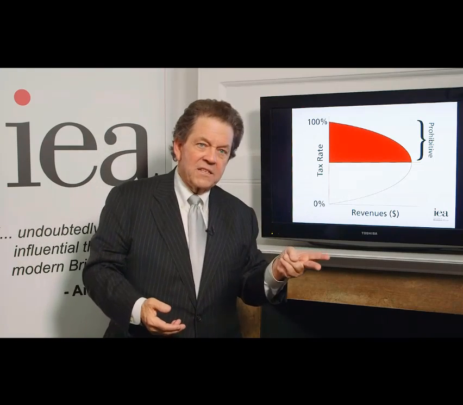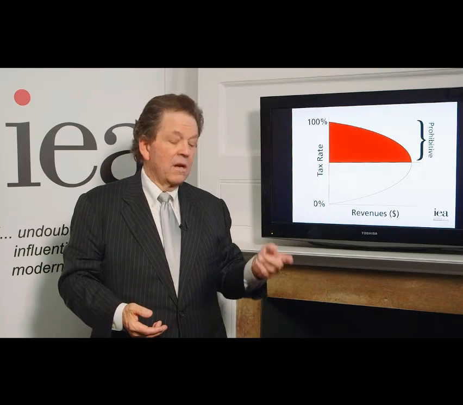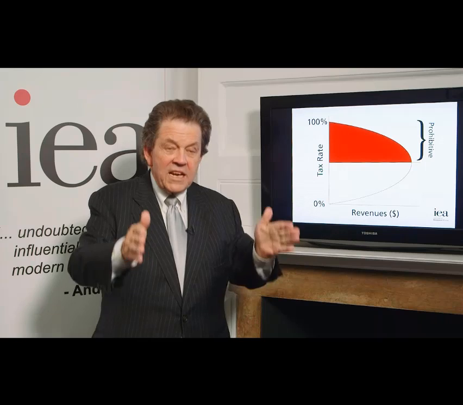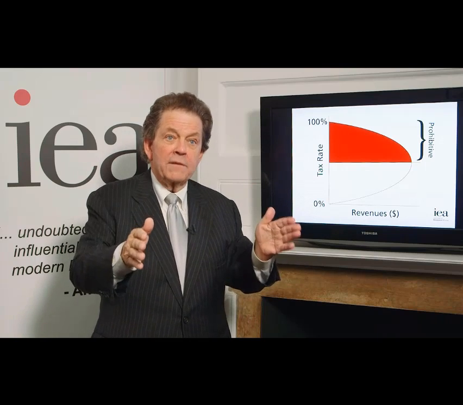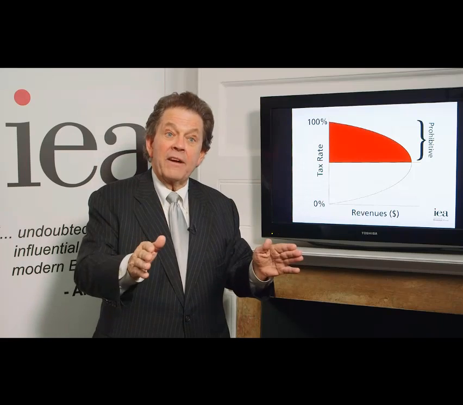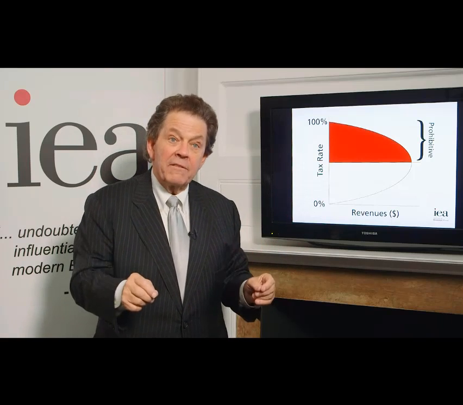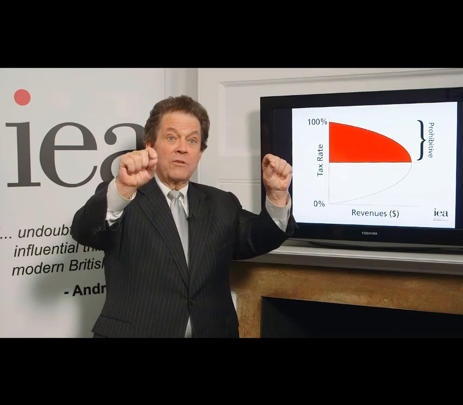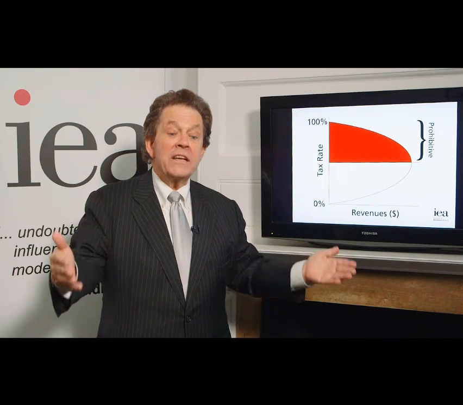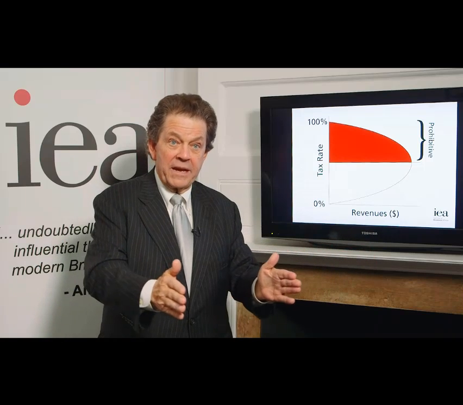There are two effects taxes have on revenues. Number one, which we call the arithmetic effect: if you raise tax rates, you do collect more revenue per dollar of tax base. That's the arithmetic effect. But there's also the economic effect, which is that if you increase tax rates, you reduce the attractiveness of doing the activity, and you will shrink the tax base.